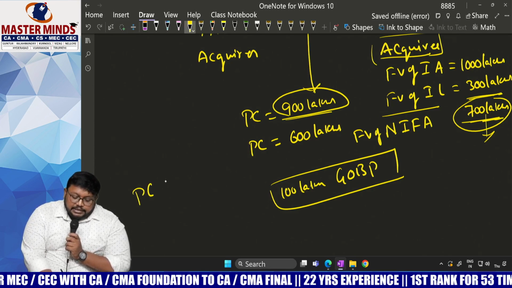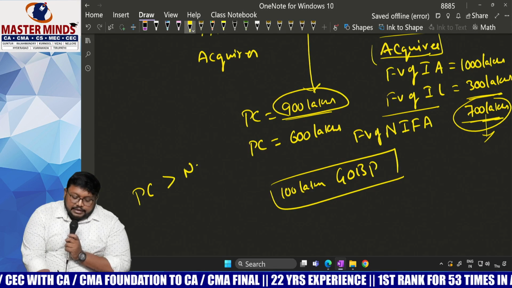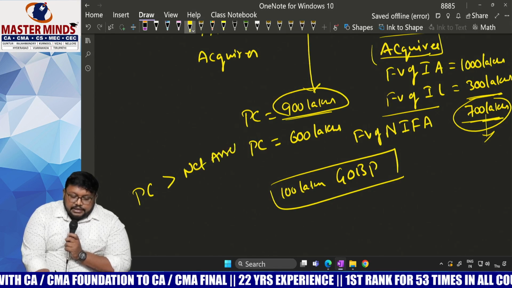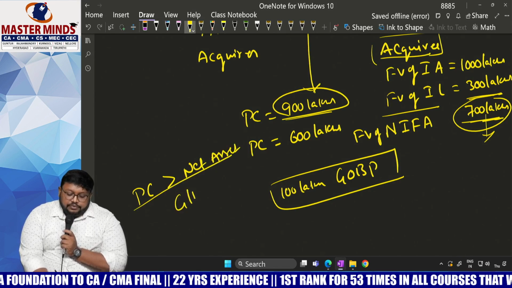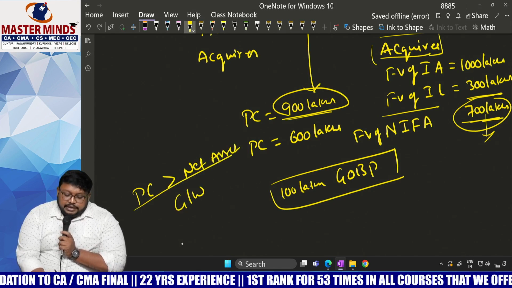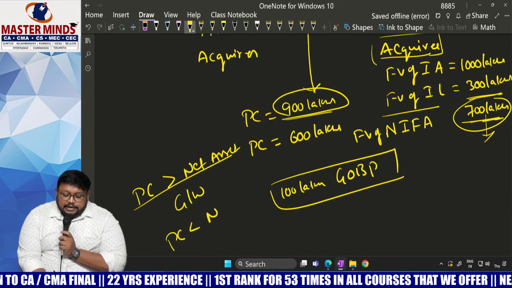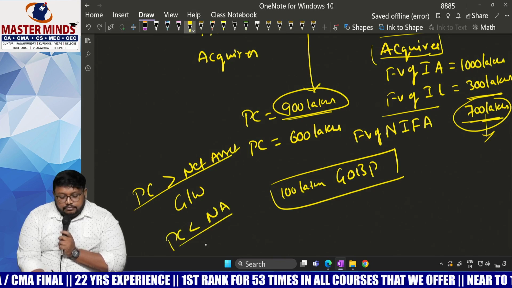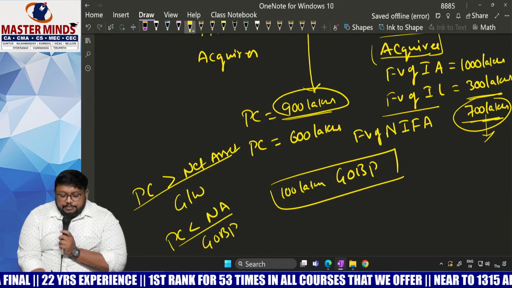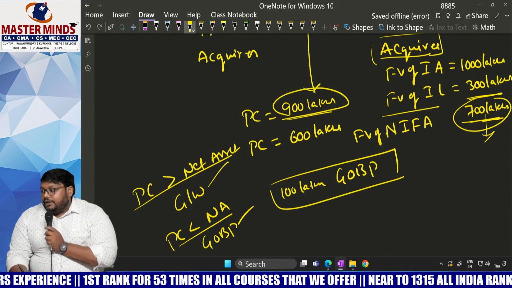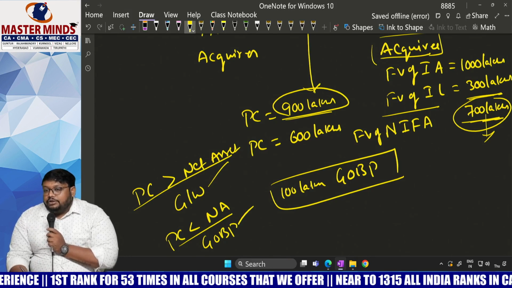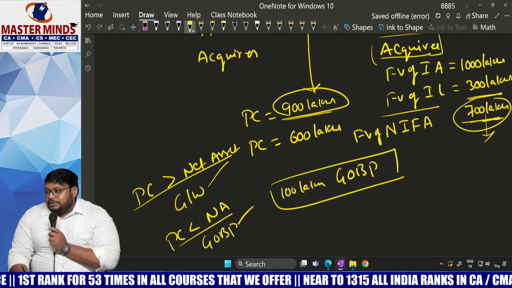If purchase consideration is more than net assets, it comes under goodwill. If purchase consideration is less than net assets, gain on bargain purchase. Any one of these two will come, so we have to find out whether the company has goodwill or gain on bargain purchase. Okay.